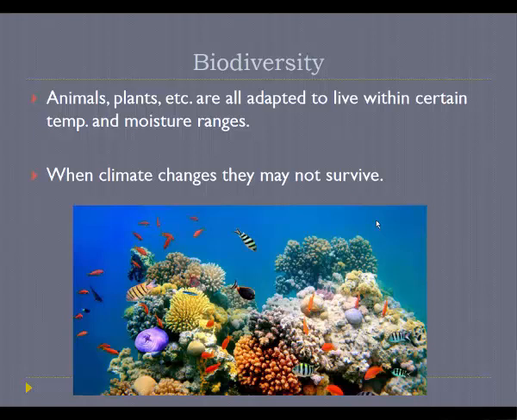And so as we shift the climate, and especially as we shift it very rapidly, many of these organisms are finding themselves ill-equipped to survive and reproduce in the environments where they've lived in the past. Sometimes they have the ability to move into new areas, but sometimes they don't, or they can't move fast enough or adapt fast enough to keep up with these shifts in conditions.